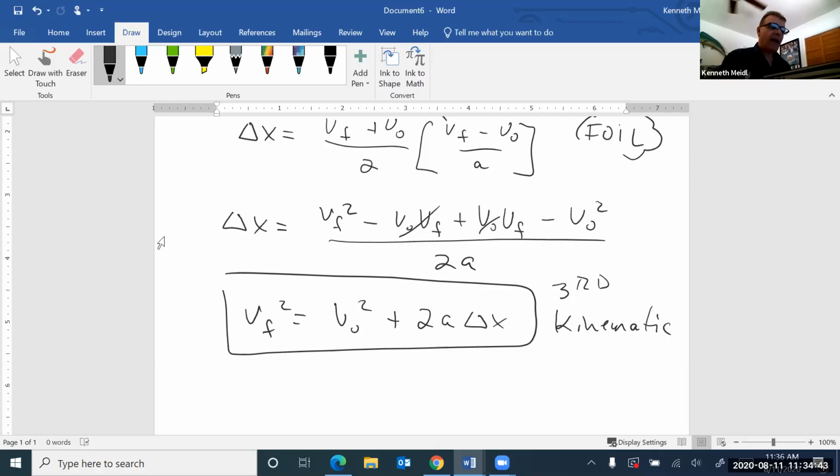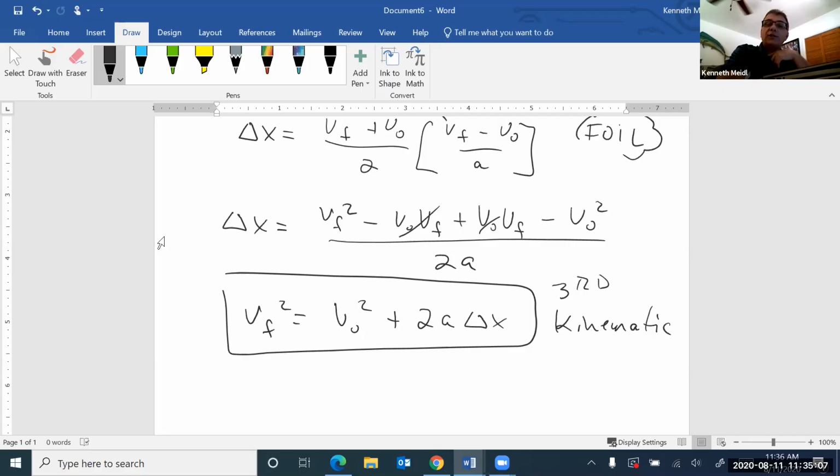These are 3 mathematical relationships that must be true for an object that is accelerating at a constant rate. The 3 kinematics are only true if there is one number, and one number only, that you can plug in for A, for acceleration.